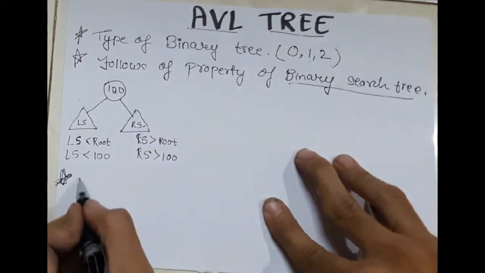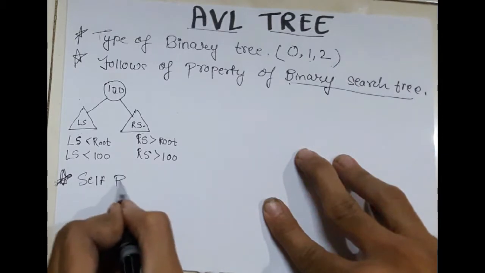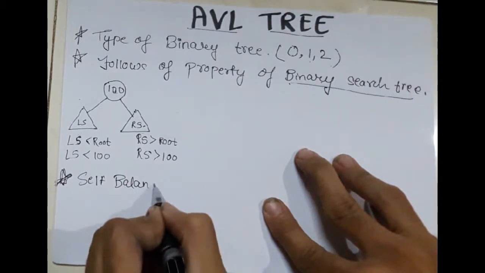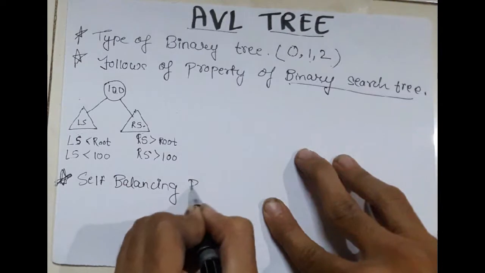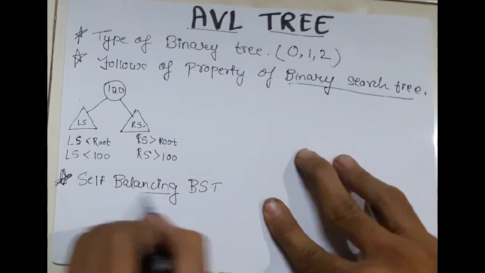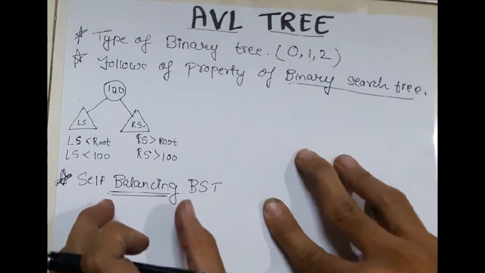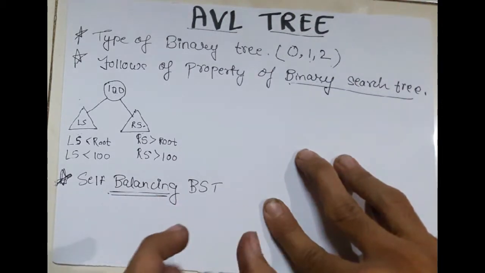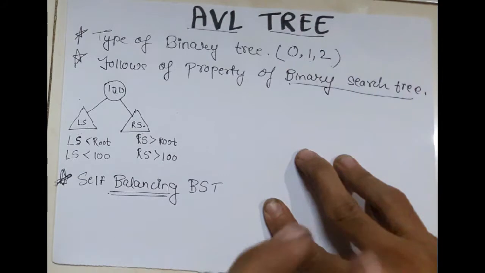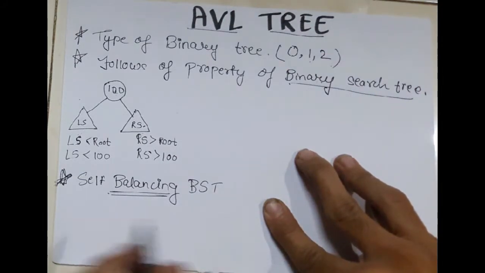AVL tree is a self-balancing binary search tree. It is a self-balancing binary search tree. So now how we are going to see whether the particular tree is a balanced or not? By calculating the balance factor of each node in the tree.